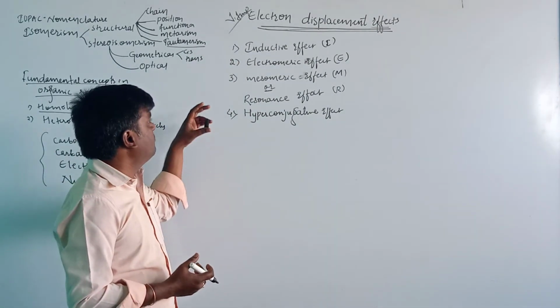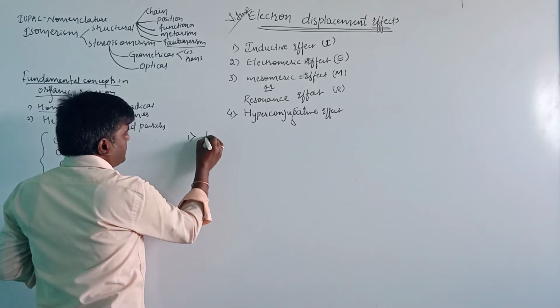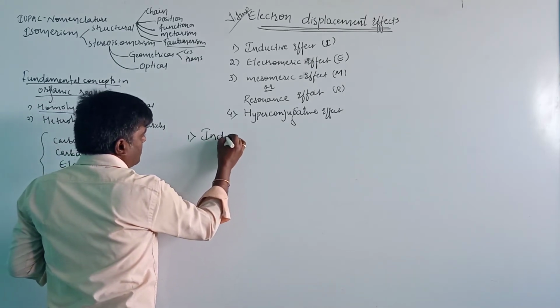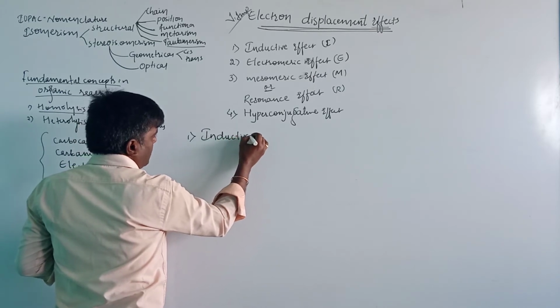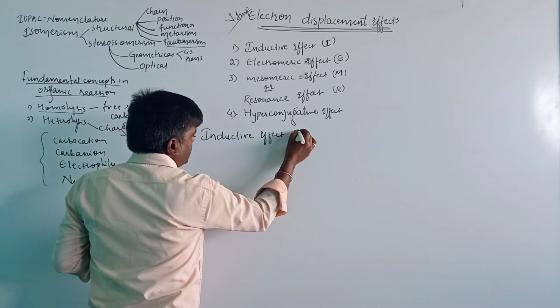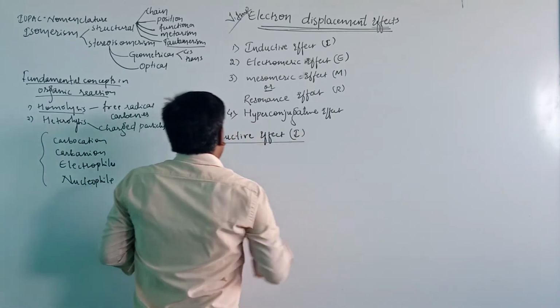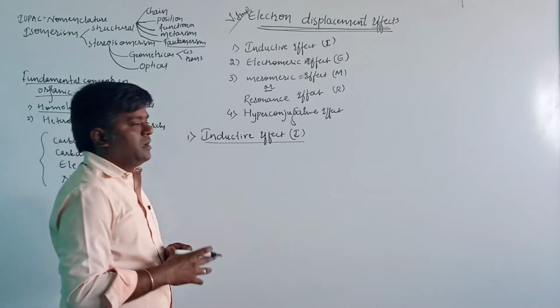Let us see them one by one here. First we will take the inductive effect. It is generally represented as I, or we can call it the I effect.